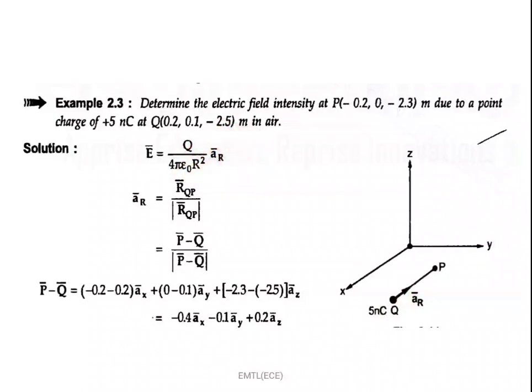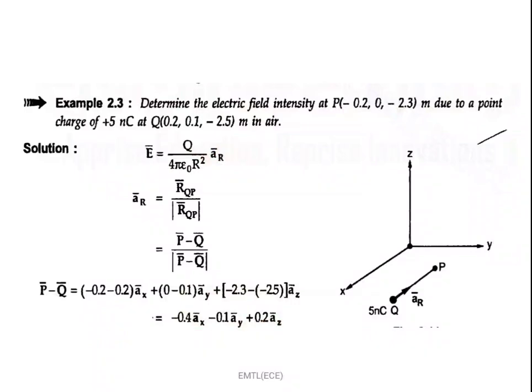First of all, we find R bar, that means the difference between position vectors P and Q. So simply P minus Q, that is minus 0.2 minus 0.2 AX bar plus 0 minus 0.1 AY bar plus minus 2.3 minus of minus 2.5 AZ bar.